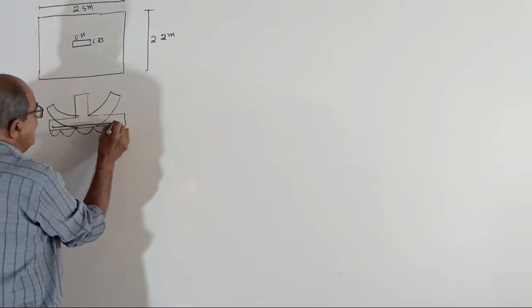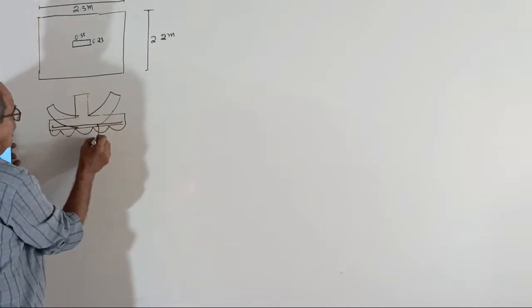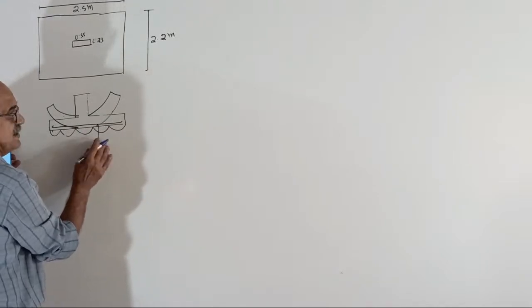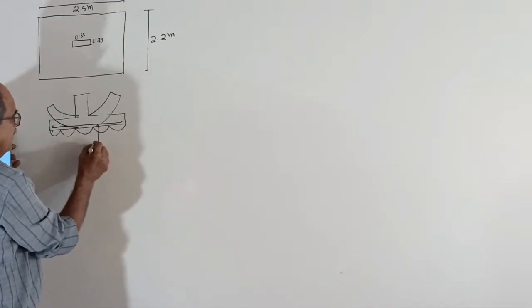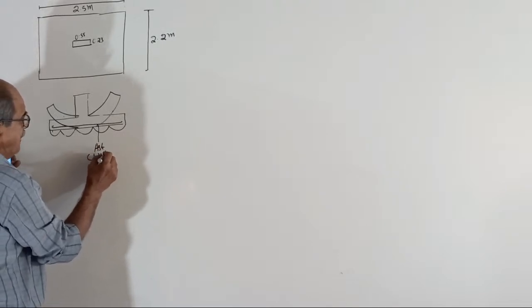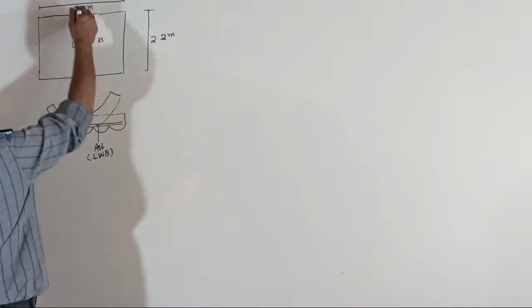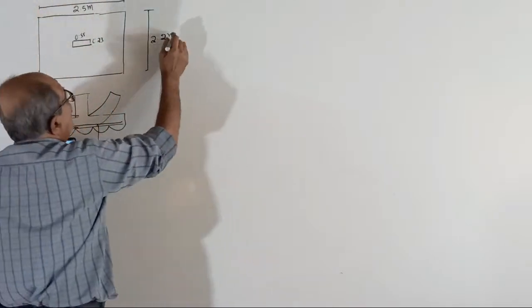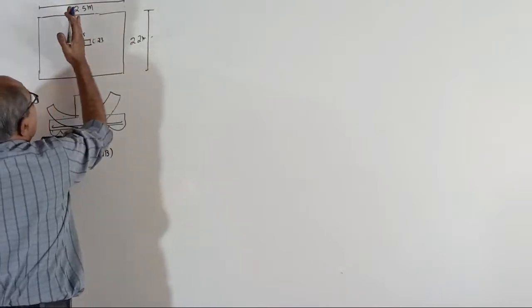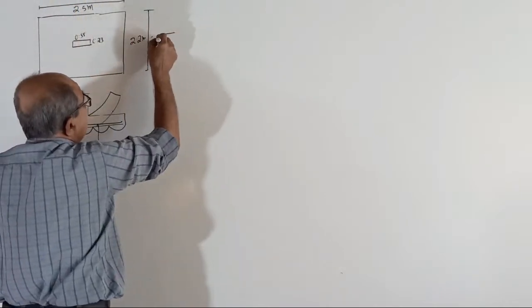This is the reinforcement. This is the reinforcement steel, or this is Ast for lengthwise bending. Leave it. Now, suppose you cut here, 2.2 meter, let it come this side. If I cut here and look from this side, that is once again a cross section.